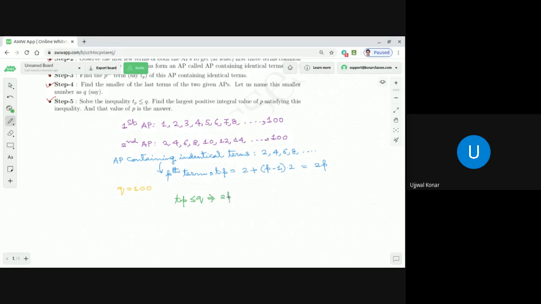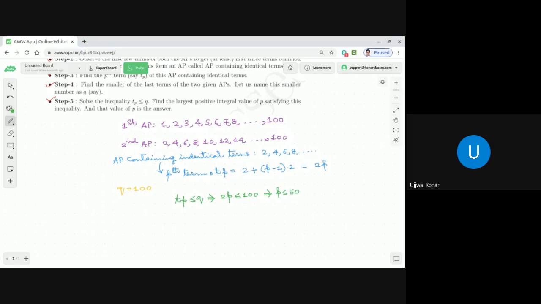So 2P is less than or equal to 100. That implies P is less than or equal to 50. That is the solution of the inequality. And the largest possible integral value of P is 50. So 50 is the answer.